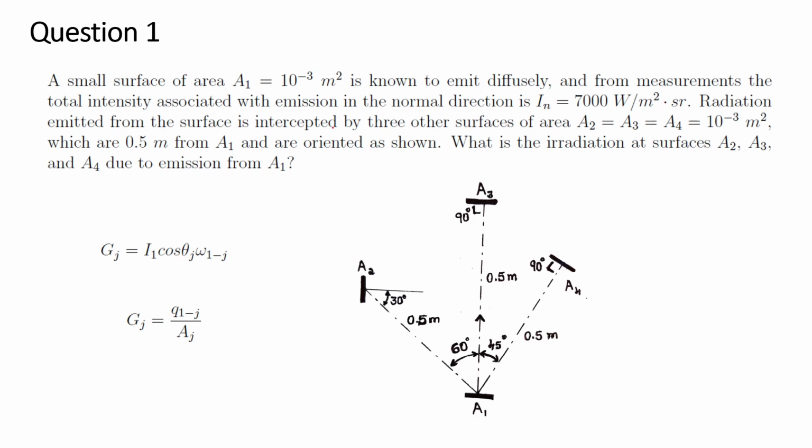Radiation emitted from the surface is intercepted by three other surfaces of area A2, A3, A4 equal to 10 raised to minus 3 meters square, which are 0.5 meter from A1 and are oriented as shown. What is the irradiation at surfaces A2, A3, and A4 due to emission from A1?